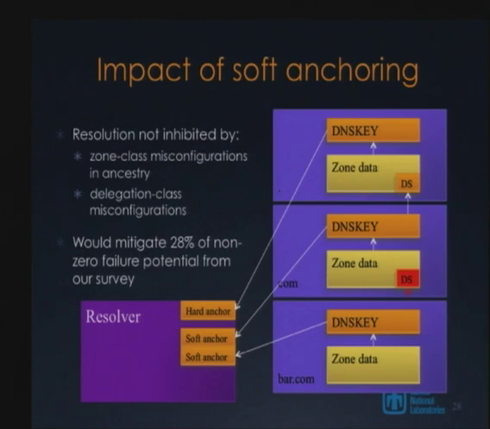And in fact, looking back at our survey data, we saw that about 28% of the events that we classified, or the instances of non-zero failure potential, would have been mitigated using this type of setup.